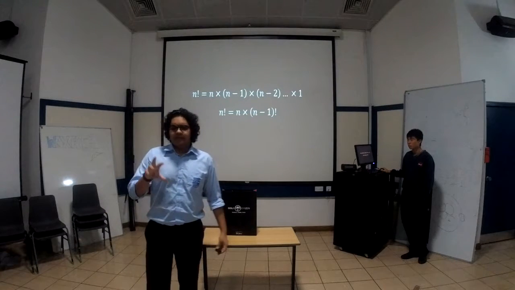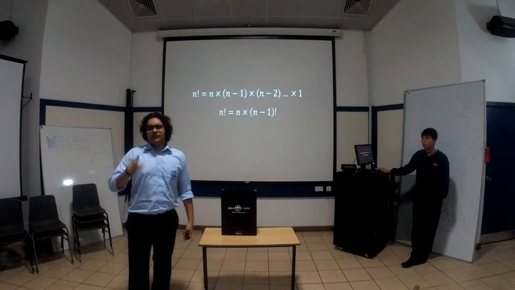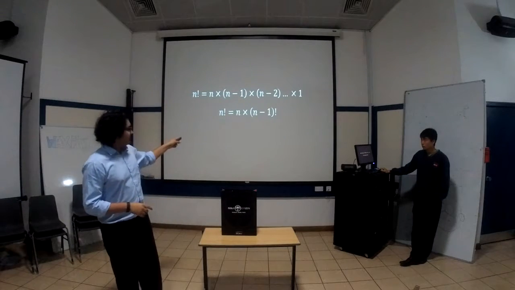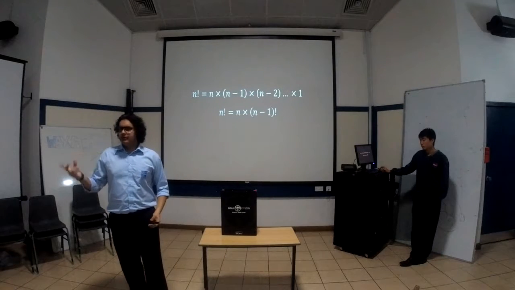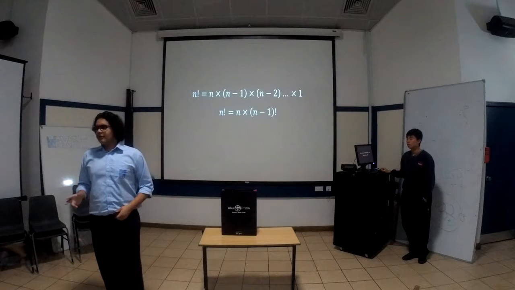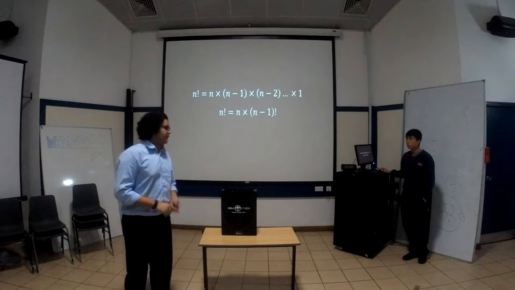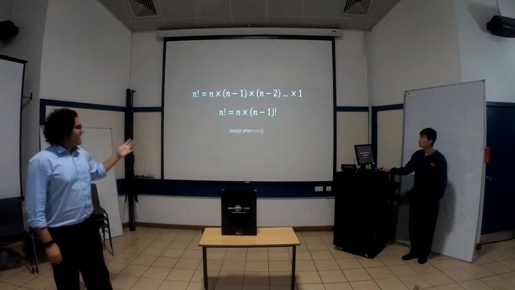1 factorial is 1 times 0 factorial, oh, no, that's not right, because 1 factorial we know is always 1, because it has to stop at 1. Otherwise, this factorial function would just keep on going down into the negative numbers, go below 0, go minus 1 factorial, and we don't know what goes on there. We know that 1 factorial is always 1. It's just 1 on its own. So we specify that in this function, except when n is 1.